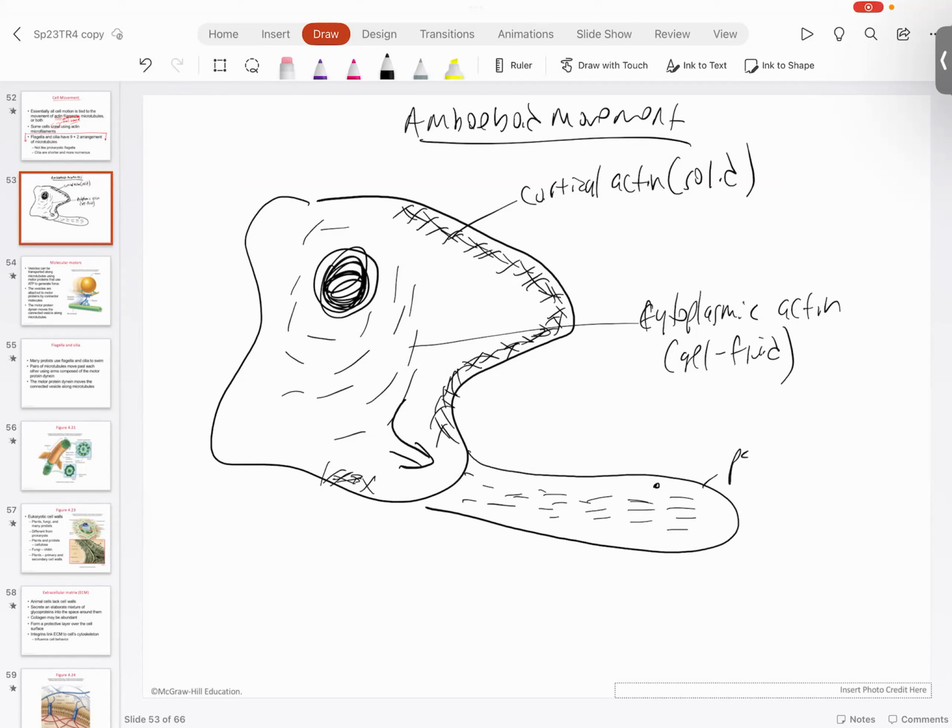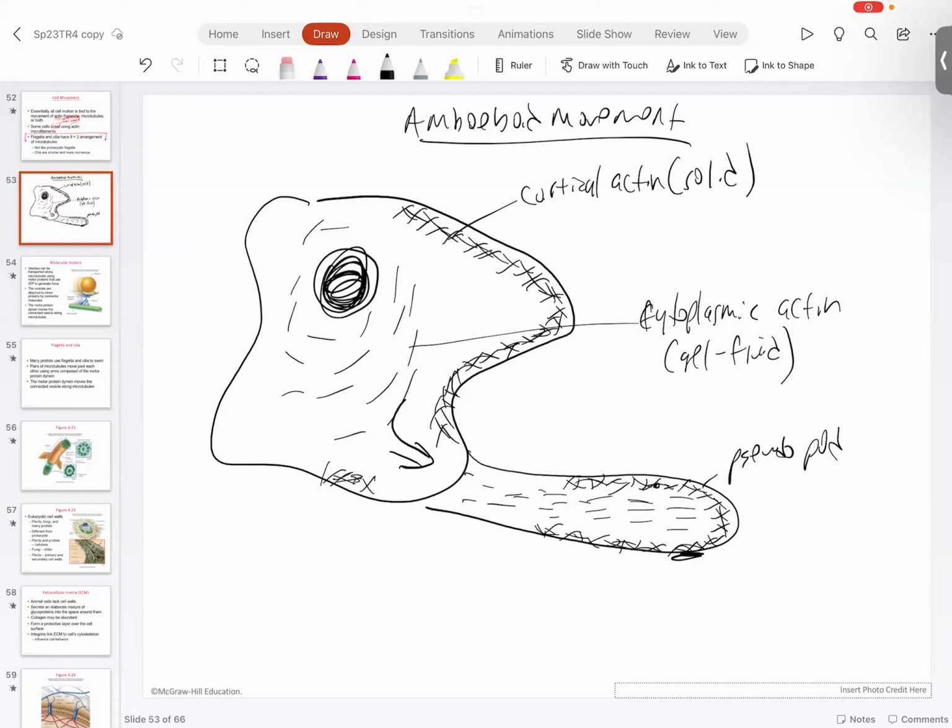This is what's called a pseudopod, which means false foot. And then you anchor that to where you want to go. And then if you like that and you want to stay there for a while, then what you do is you reassemble your actin into its cortical network. That solidifies that foot. That foot's not going to move once you get that cortical actin in there.